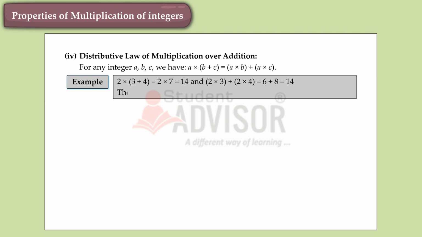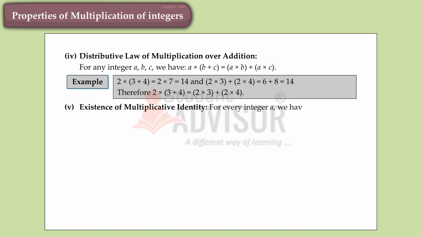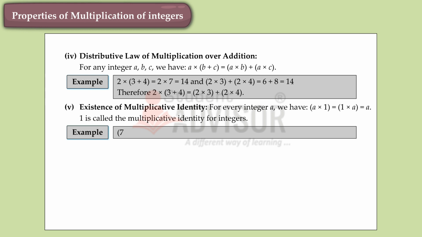Existence of multiplicative identity. For every integer a, we have a multiplied by 1 is equal to 1 multiplied by a is equal to a. 1 is called the multiplicative identity for integers. Study the given example.